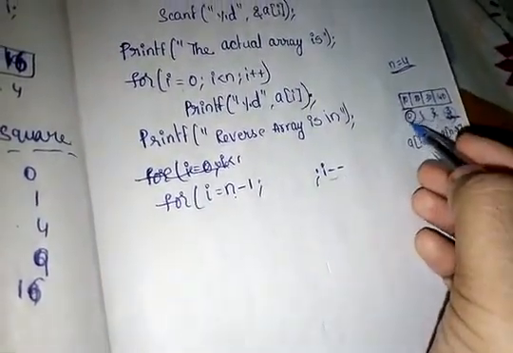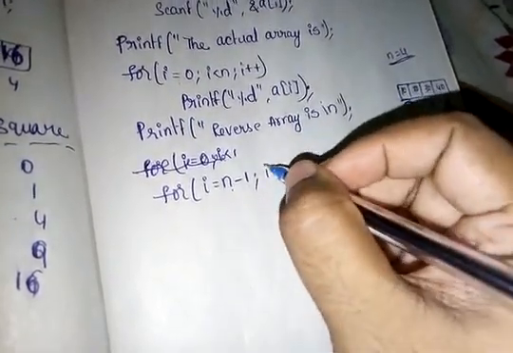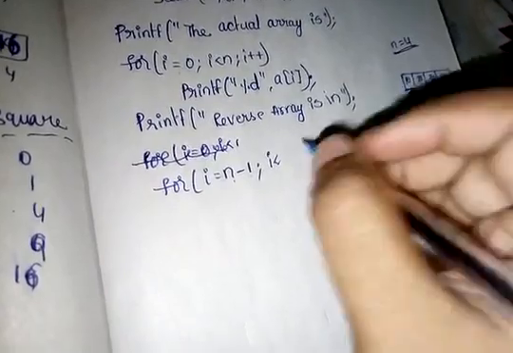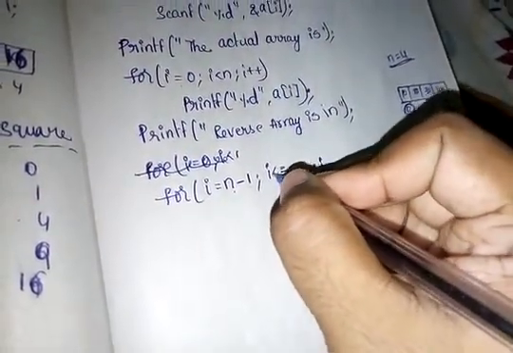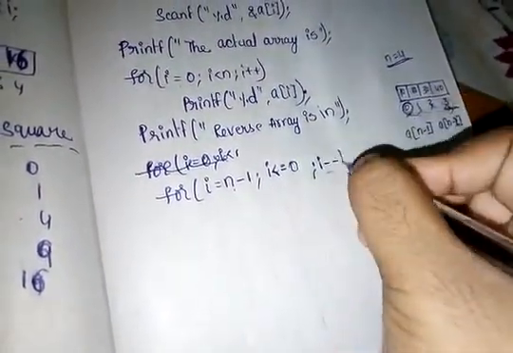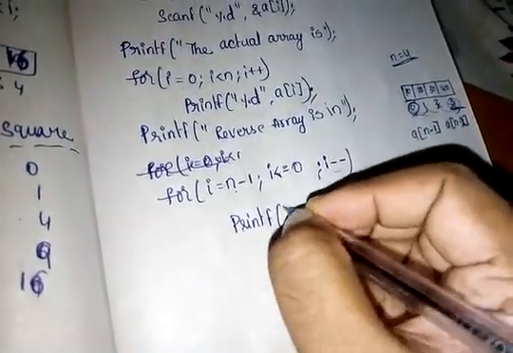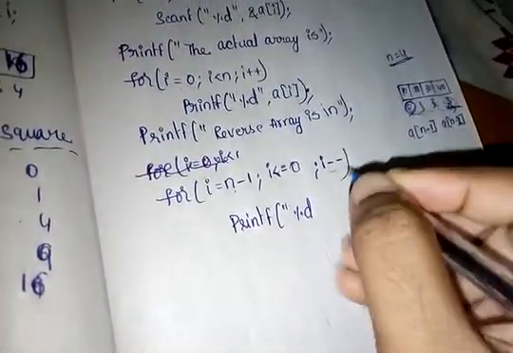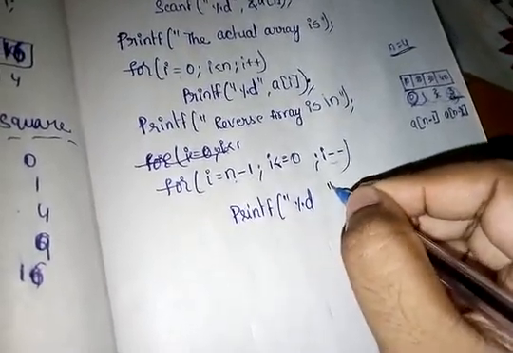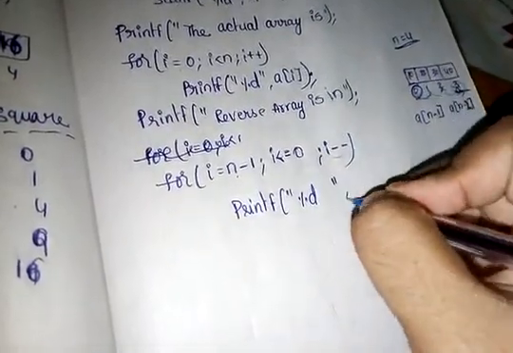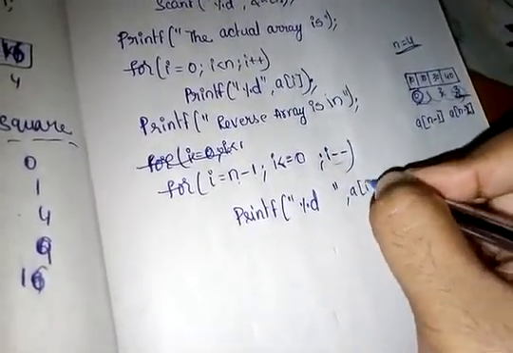As we need to print the 0th index also, we need to take i greater than or equal to 0. Then printf %d, give a space and then close the quotation, so that while printing you will have a space between each element, comma a of i.